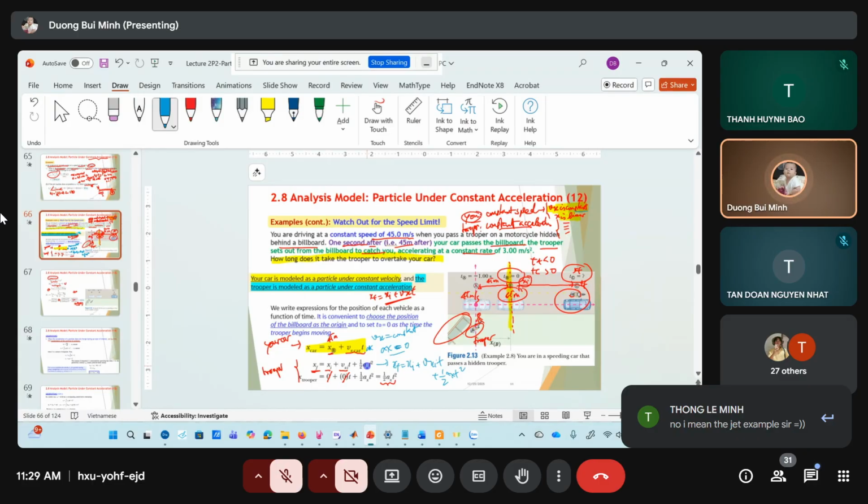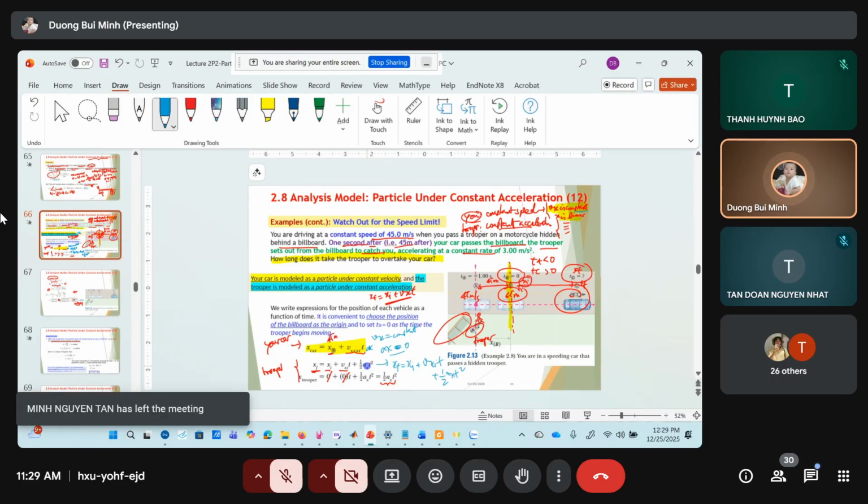But of course, you can think further: we can apply the same constant acceleration equation for both your car and your dropper, and for your car, because vx is constant, ax is 0. That's okay, no problem. But if we follow the information from the question, they say constant speed, so ax is 0, so just skip it. Okay, is it clear for you?